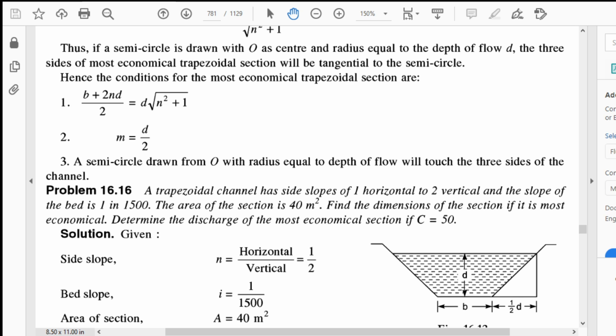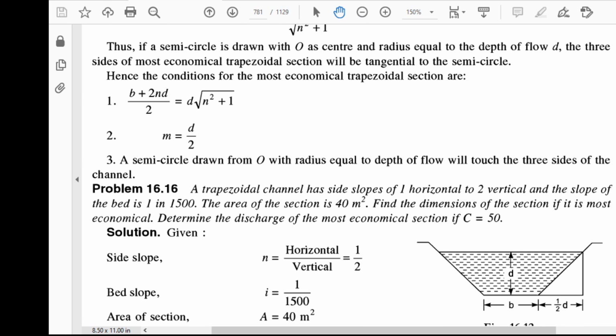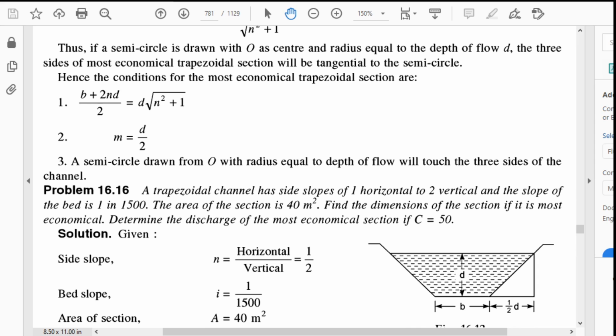Second, the wetted perimeter of that section is minimum, and the discharge passing through that section should be maximum. I hope you understand the concept of most economical section and the concept of most economical rectangular and trapezoidal sections.